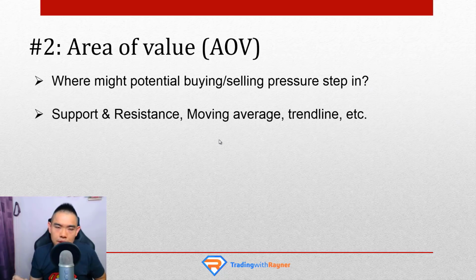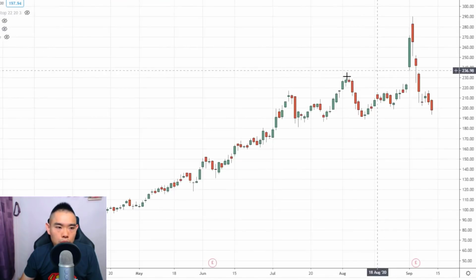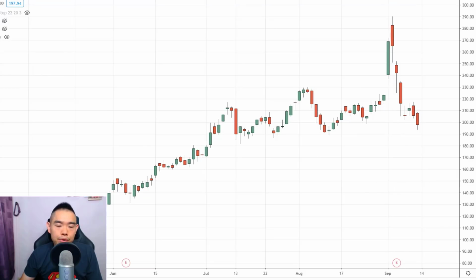We want to ask ourselves, where might potential buying pressure come in? And if it's an uptrend, it might come to an area of support, might be a moving average, might be a trend line, etc. So these are a few common concepts to identify your area of value. So let me just share with you a few examples. If you look at this stock over here, Doku, where is the area of value?